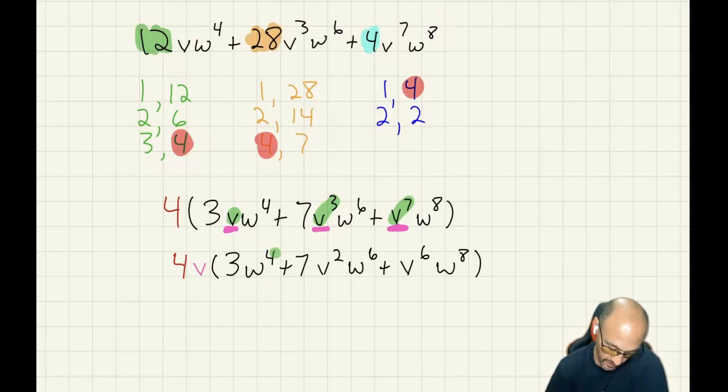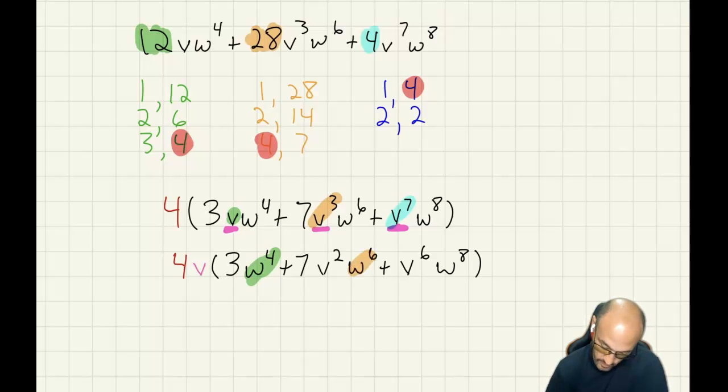But now we're going to look at the w's. And I did them all in the same color, and that's just sloppy highlighting. So sorry. There we go. All right, so now we're going to look at the w's.